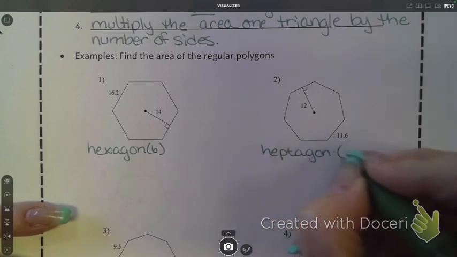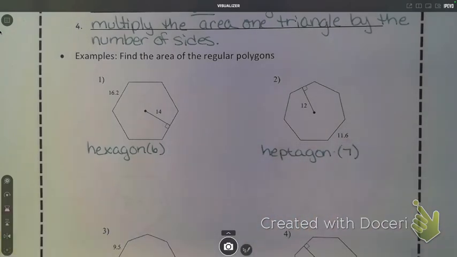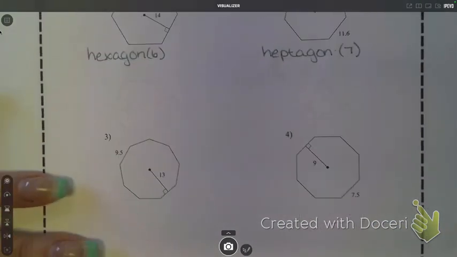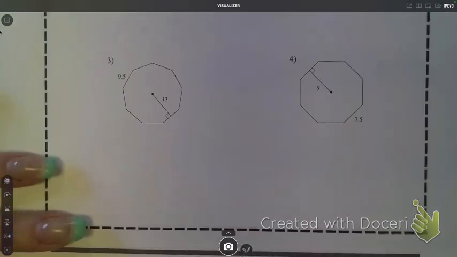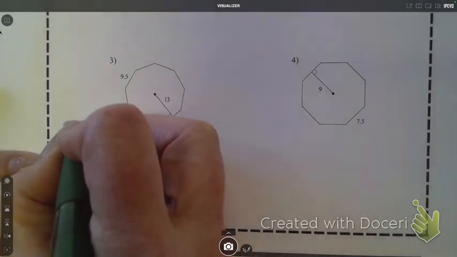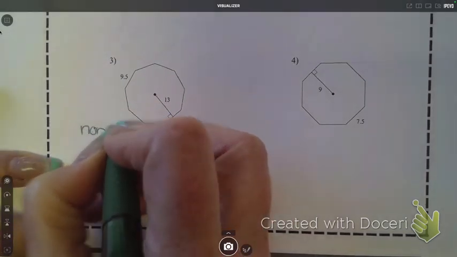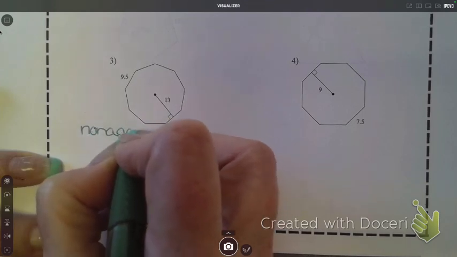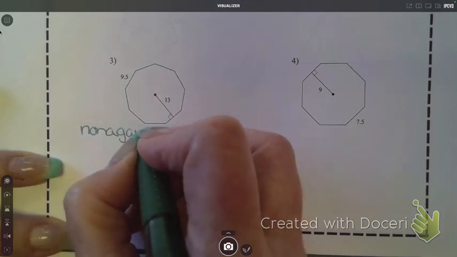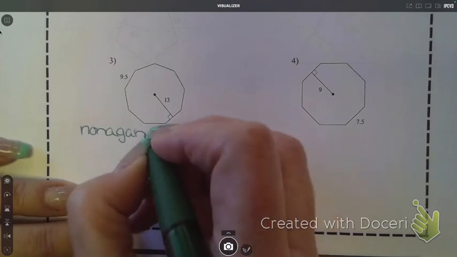And it's exactly how it sounds, guys. Heptagon. Okay, next. 9. Anyone know that one? Nonagon. Anything after a decagon, we just do it by the number of sides and then dash agon.